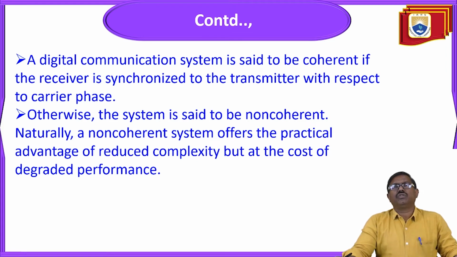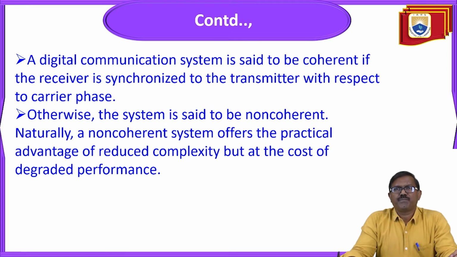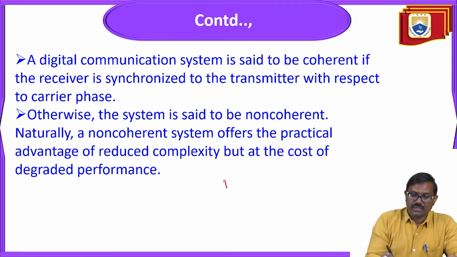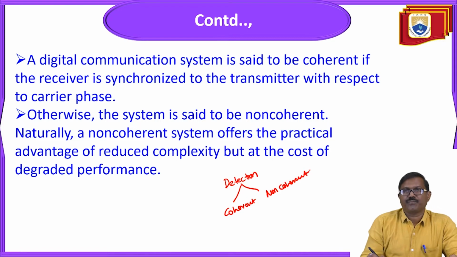So according to the digital communication system, it is said to be coherent or non-coherent. Here the detection of digital communication can be taken in two varieties: one is coherent and another is non-coherent.